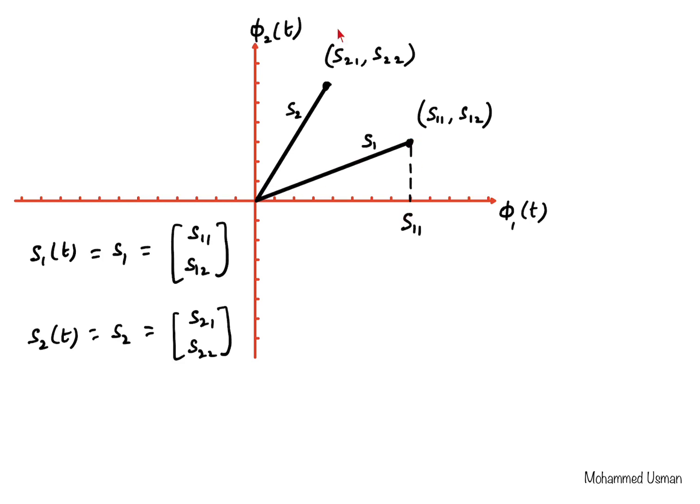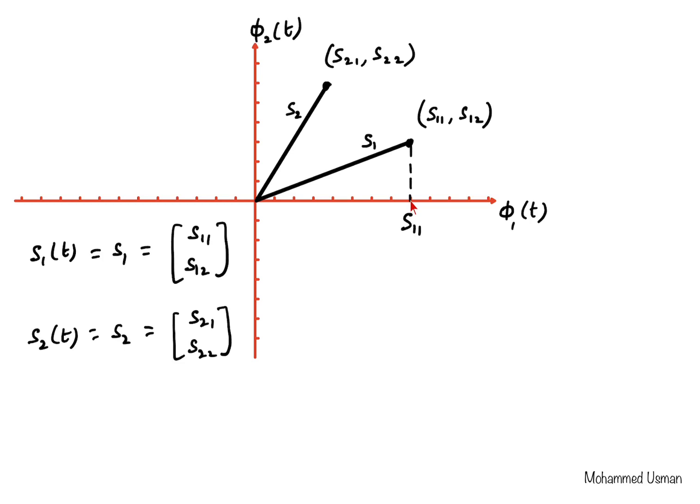That is, if we look at this signal from the top, it will fall on this line up to this length on the x-axis. So if we throw light, a source of light from the top here, the shadow of this line will fall on phi1 of t up to this length, right? So that is basically saying S1 is projected onto the basis function phi1 of t. So that is what we mean by projection.